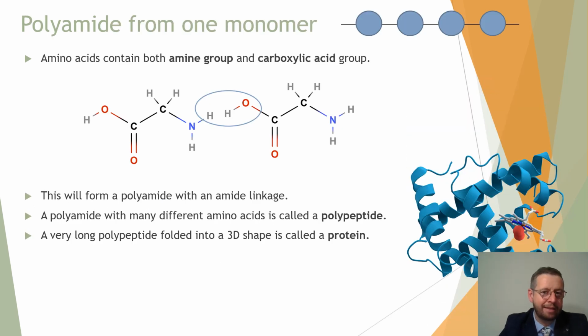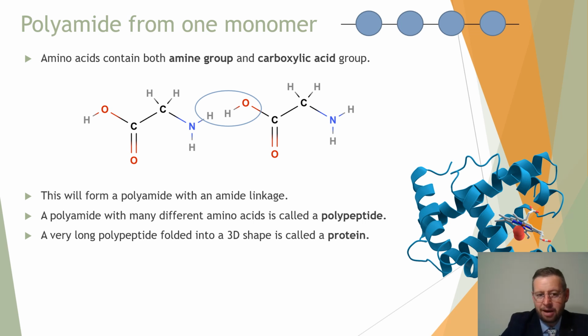Now we did speak about this when we were looking at the amino acid chapter, but remember that amino acids contain both an amine group and a carboxylic acid group, and they can form a polyamide that has a repeating monomer. And so you can see here we have the straightforward, very simple amino acid, and you can see that water will get liberated and it will join together, and we're going to form what's called an amide linkage.